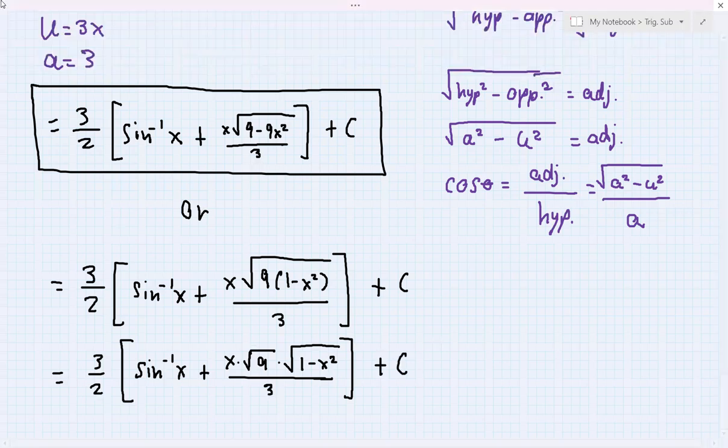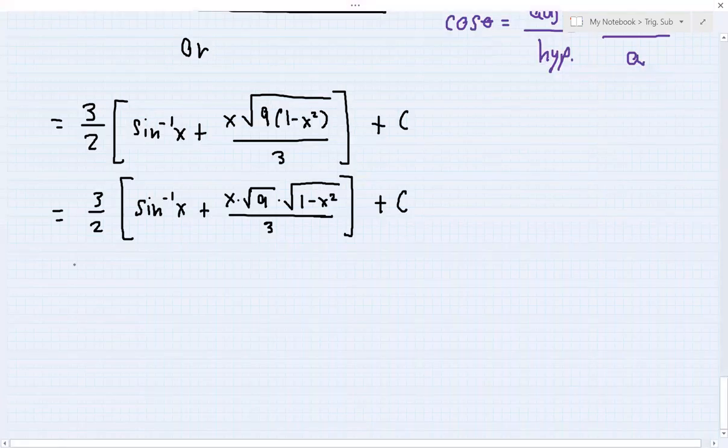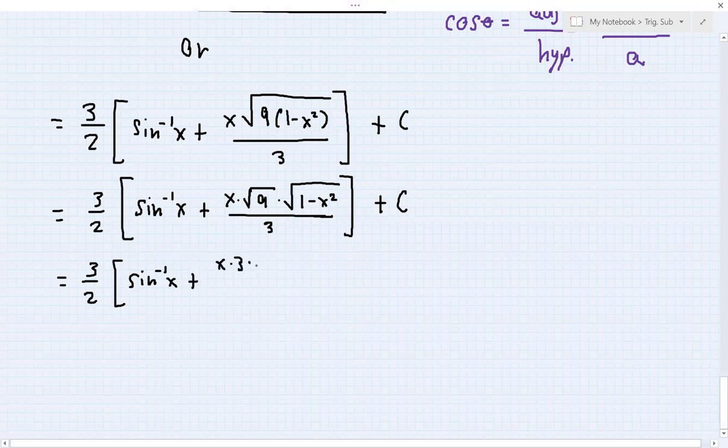Magiging x times 3, kasi square root ng 9 ay 3, times the square root of 1 minus x squared over 3.